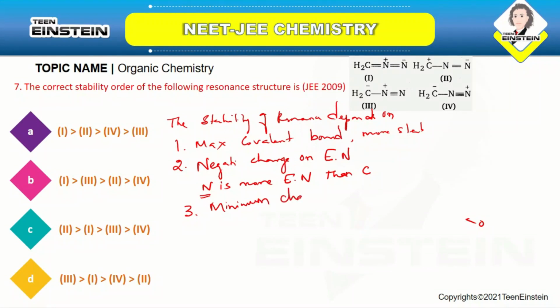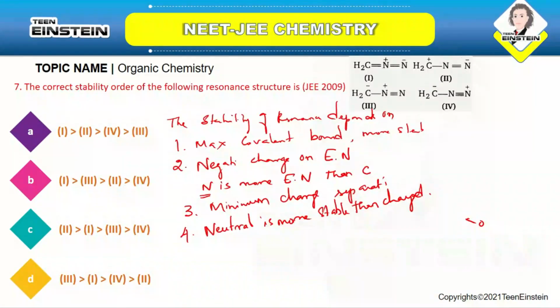The fourth is that a neutral molecule is more stable than charged species.